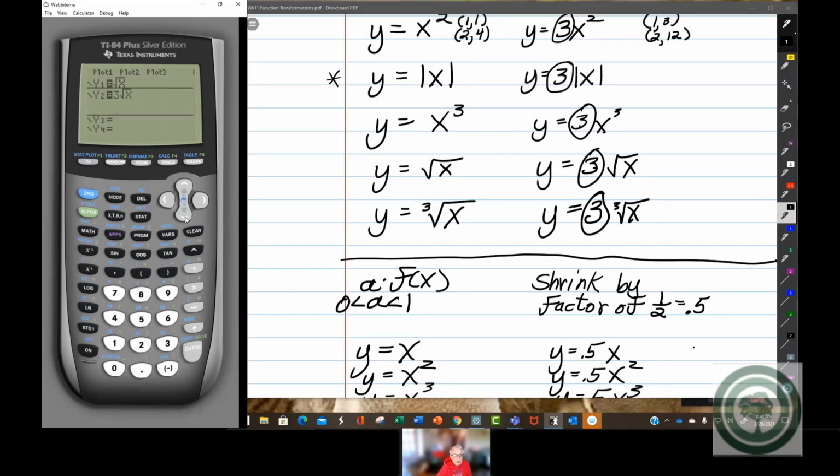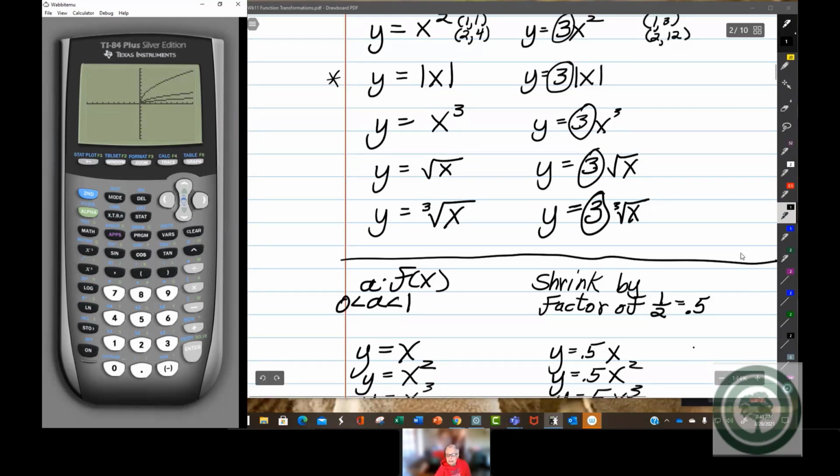And if I want to shrink it by a factor of 1/2, 0.5 square root x. Here, look at it, it's all shrunk down. The x coordinates are in the same place.